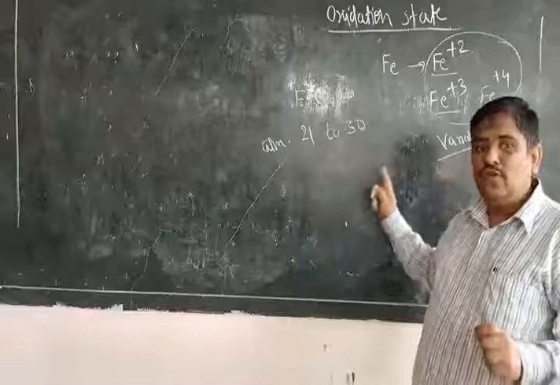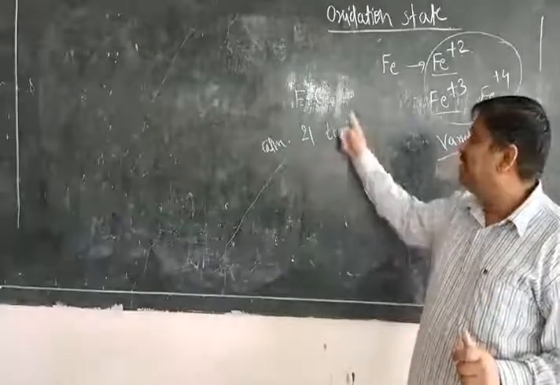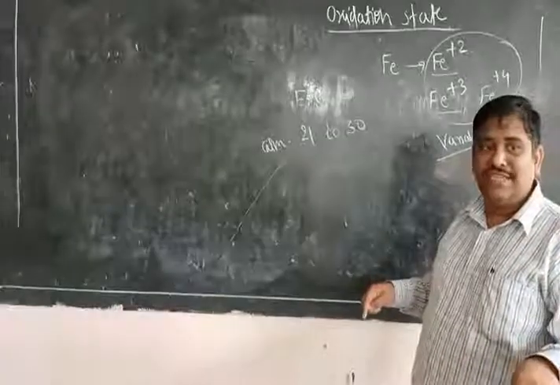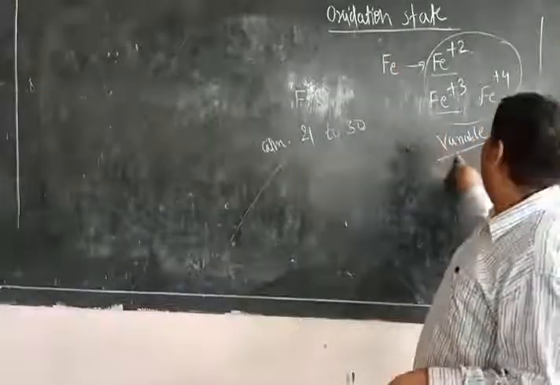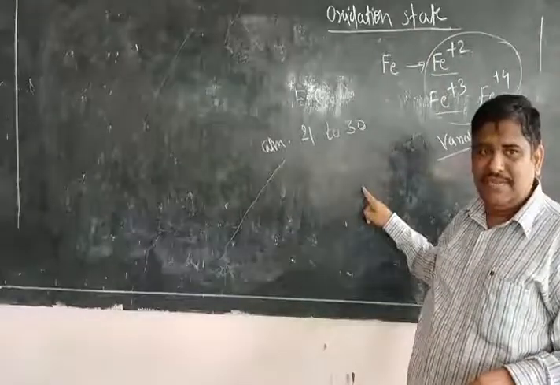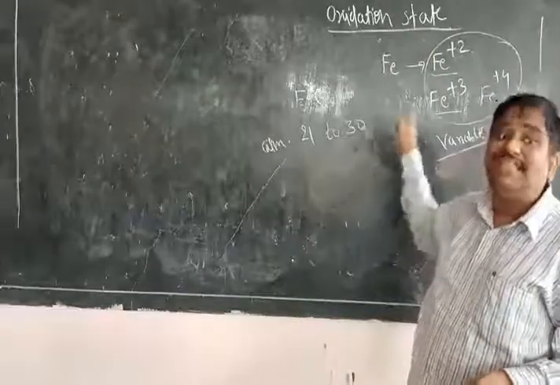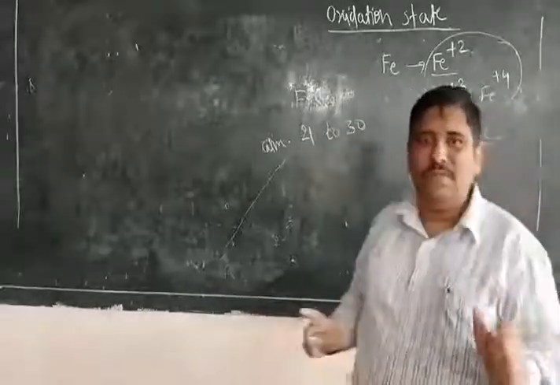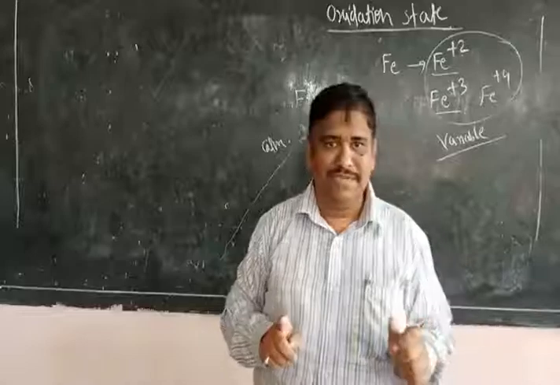You are going to remember that electronic configuration, and if you know it, you can explain the variable oxidation states for the d block elements. This is the next property, and we will discuss it in the next section. So you have to remember the atomic numbers here.